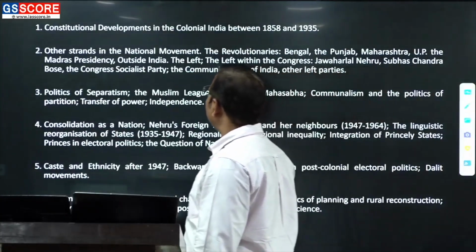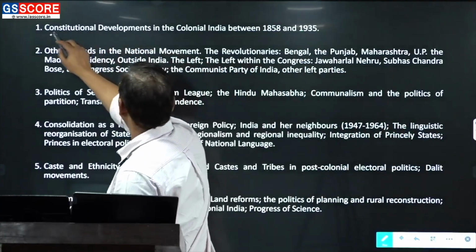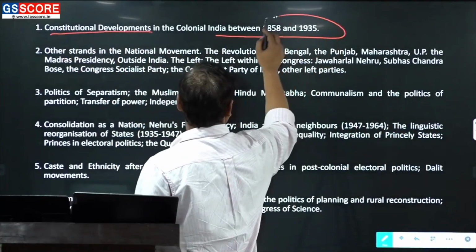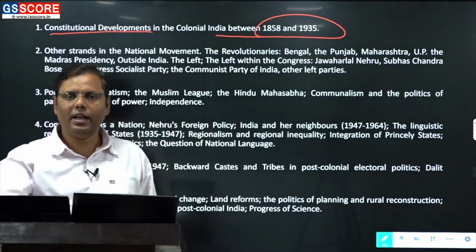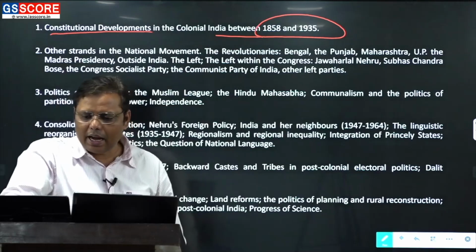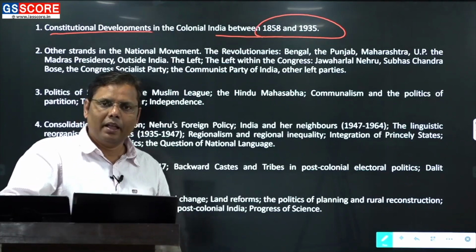Again, it's the constitutional development in colonial India, between 1885 and 1935. As far as this part is concerned, there are three acts which are very important: 1909, 1919, and 1935.